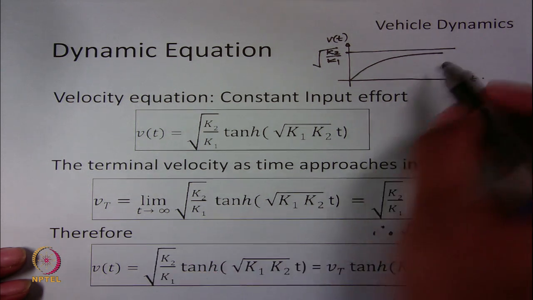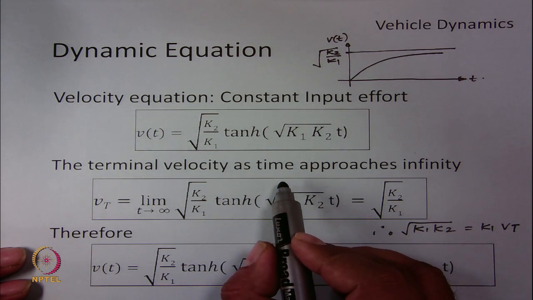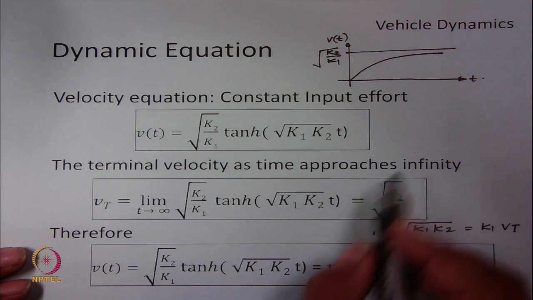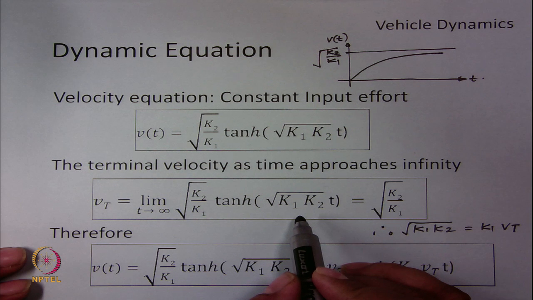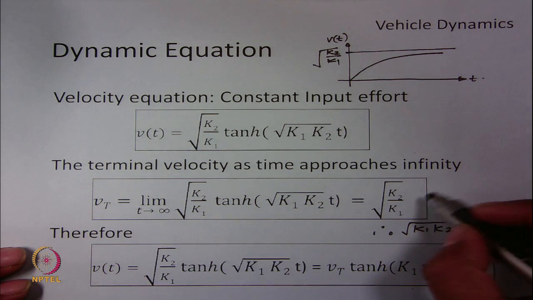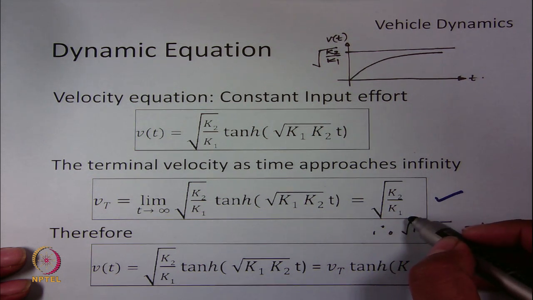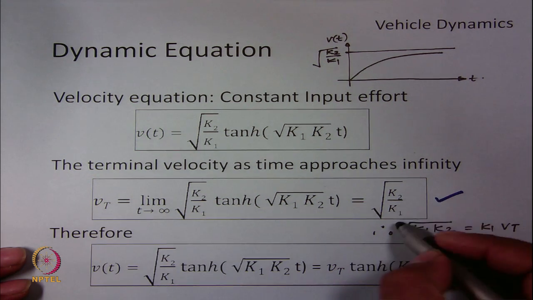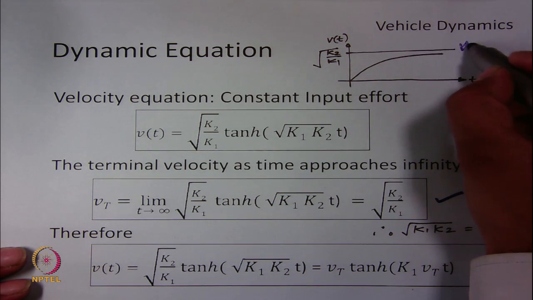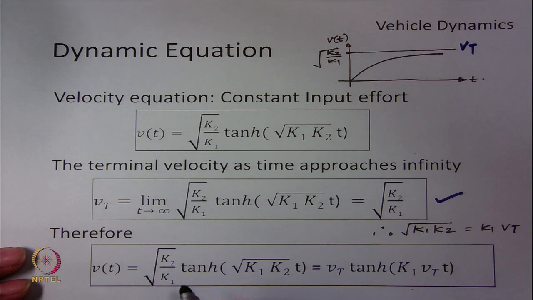The steady state value or the terminal velocity can be found if we find the limit value as time approaches infinity. If we substitute this limit as time tends to infinity, we will get a very simplified expression which is root over k2 by k1. So, terminal velocity is this. So, we can say that this terminal value is equal to root of k2 by k1, which is a very simple expression.